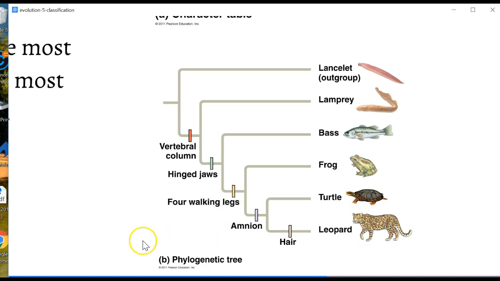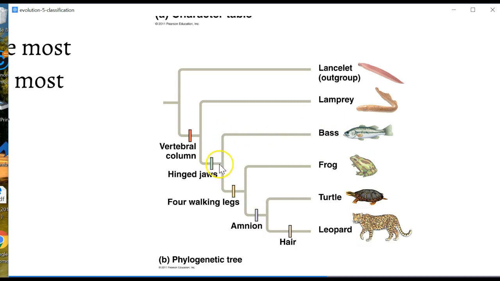It's also important to note that this axis, though it's not labeled, does typically represent time. So more recently, the turtle and the leopard shared a common ancestor than, say, the bass and the leopard did. The bass and the leopard last shared a common ancestor all the way back here, right after the hinged jaws.